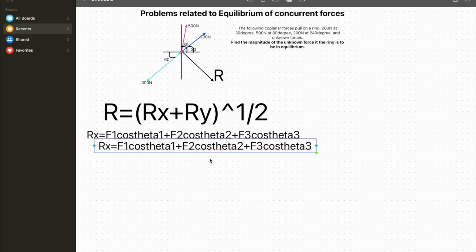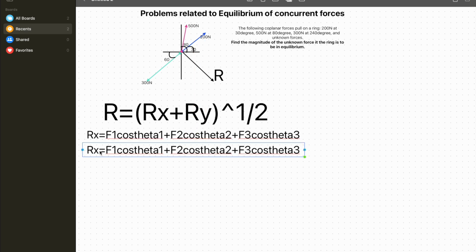Similarly, if we copy and paste it and replace the x with y and the cosine with sine, then it gives the formula for the resultant forces of the rest of the vector forces in respect of the y-axis, right?